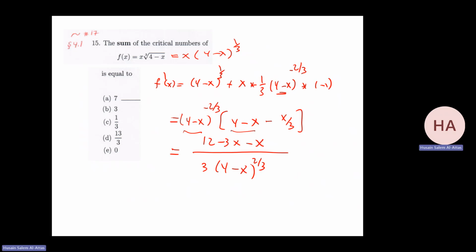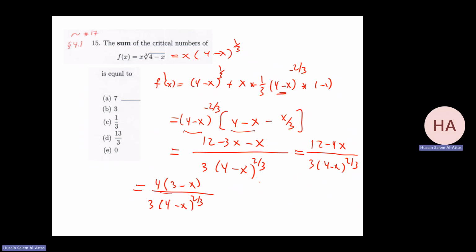Took 3 down, so I have 12 minus 3x minus x. Just to be sure, I have 12 minus 4x, which I can take 4 common factor. So it is 4 times 3 minus x over 3 times 4 minus x to the power 2 over 3.